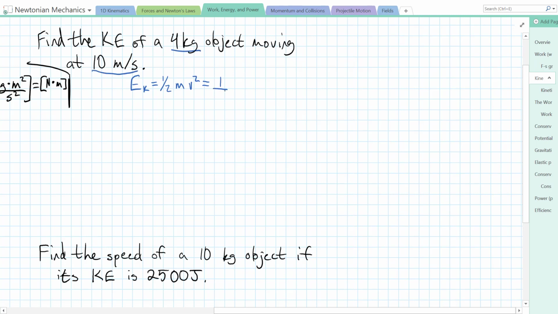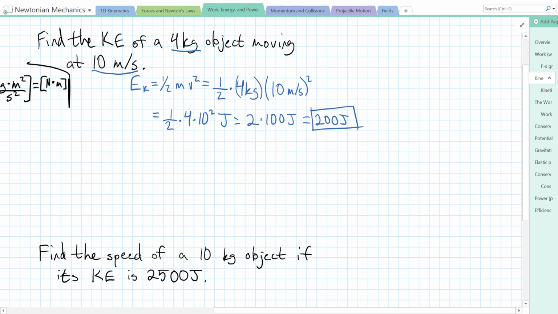So our kinetic energy is 1/2 times 4 kilograms times 10 meters per second, but that velocity is squared. Units are going to be kilograms, meters squared per second squared, which is a joule. So I'm getting 2 times 100 joules, or 200 joules of kinetic energy. Simple as that.